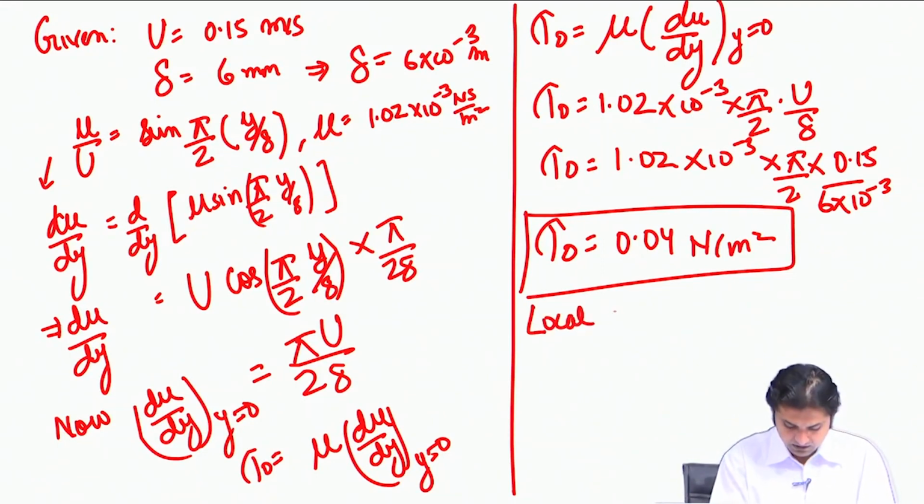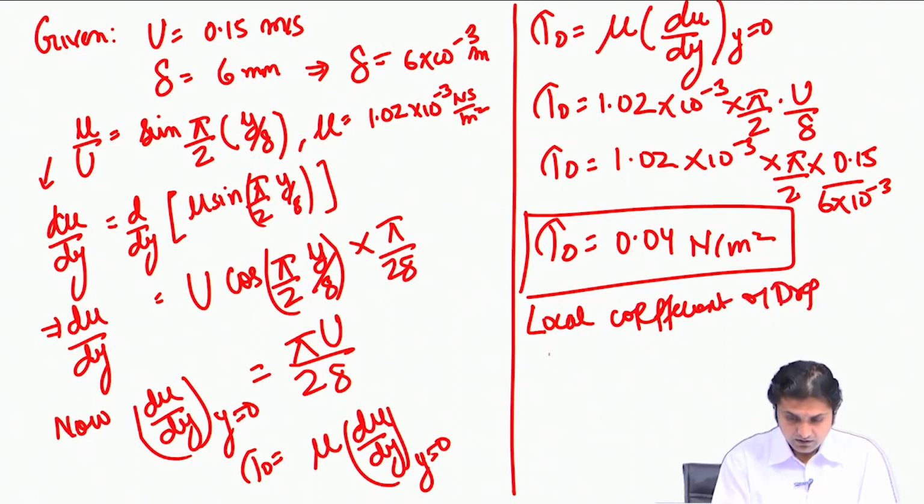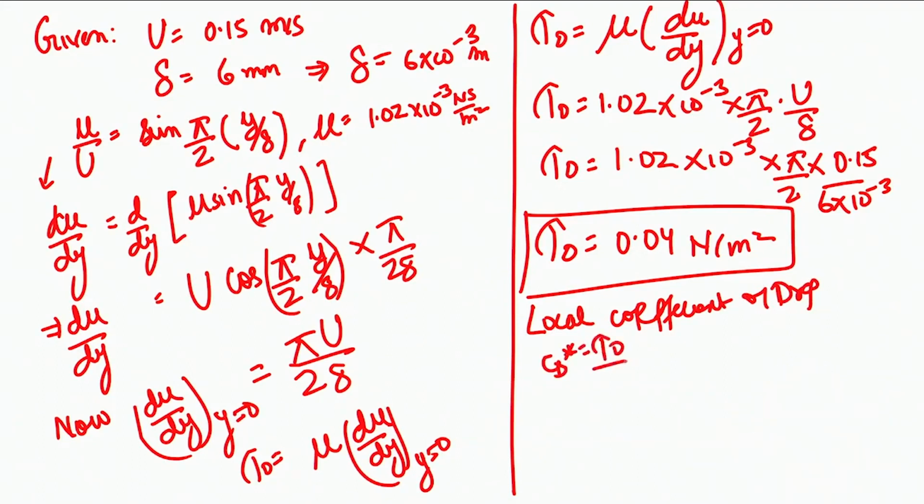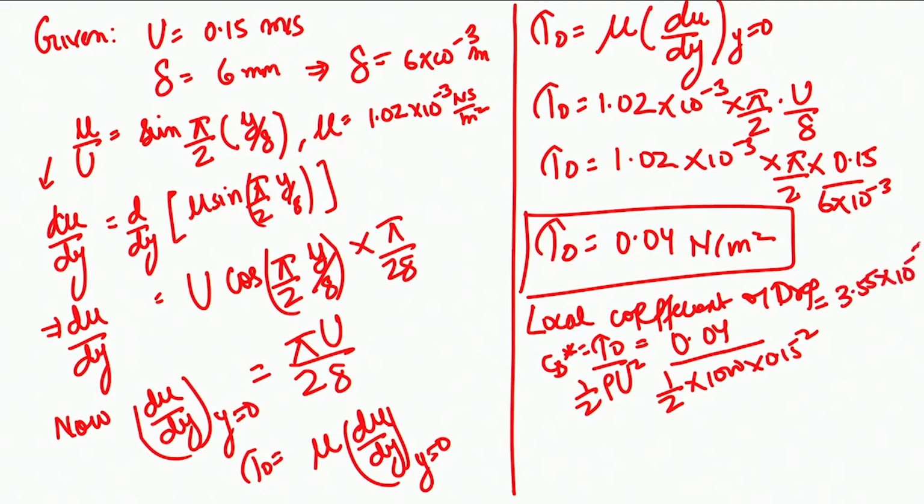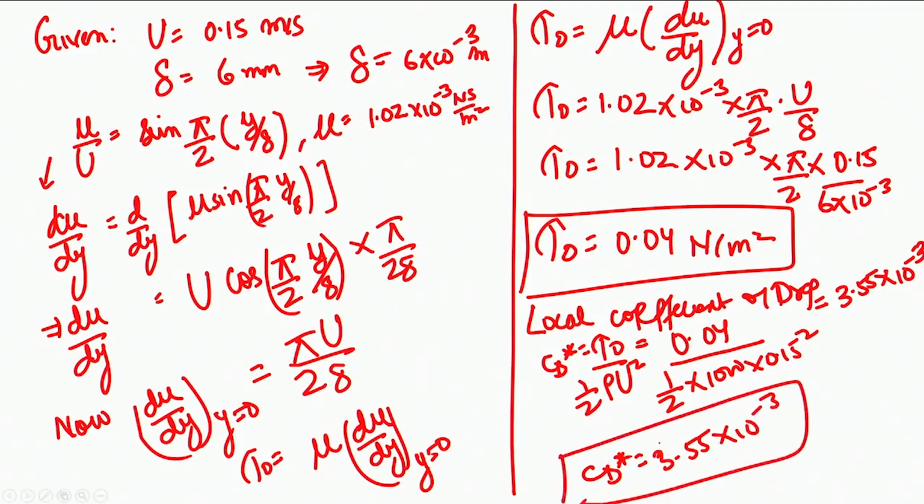So, local coefficient of drag, CD star, is given as tau naught by half rho capital U square, and simply putting in the values, 0.04 divided by half into 1000 and U is 0.15 whole square, and this comes out to be 3.55 into 10 to the power minus 3, or CD star finally is 3.55 into 10 to the power minus 3.